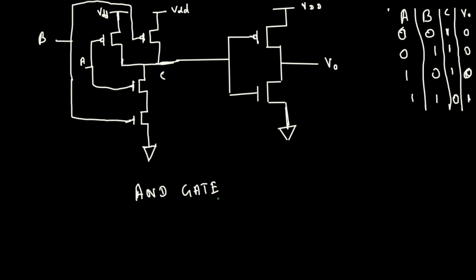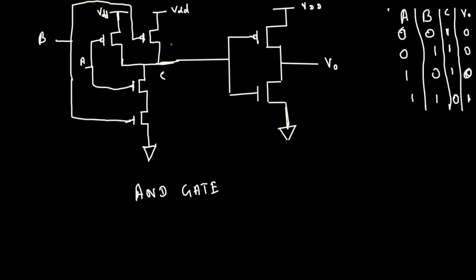Okay. Similarly, you can build OR gates as well. Now let's see how to build OR gates. In order to build OR gates, you have to do the opposite of what we did here. For the AND gates, we attach the PMOS in parallel.